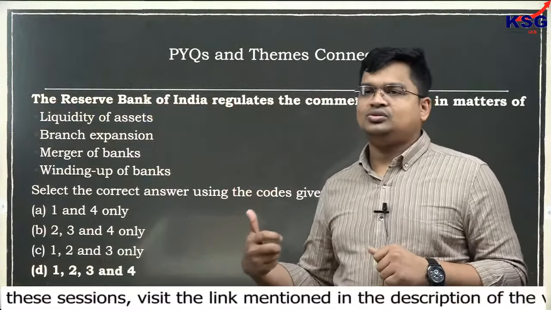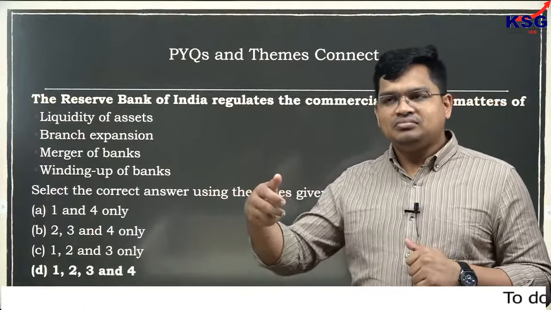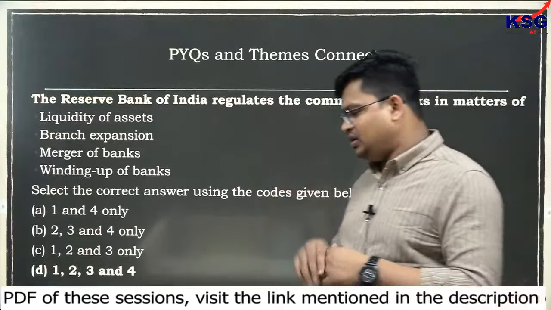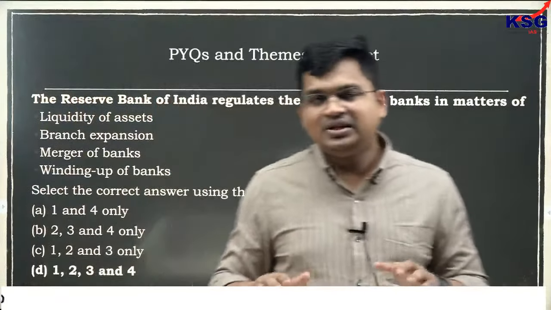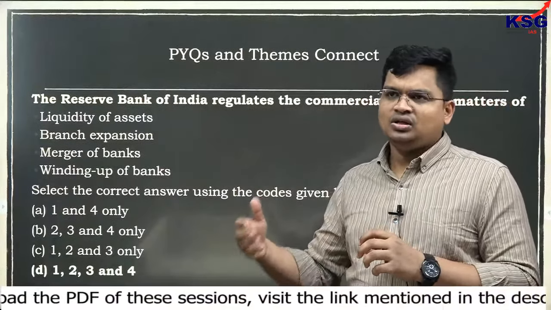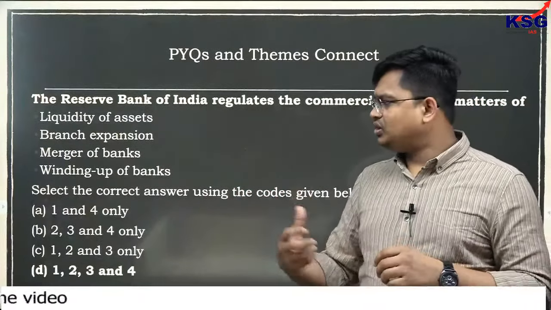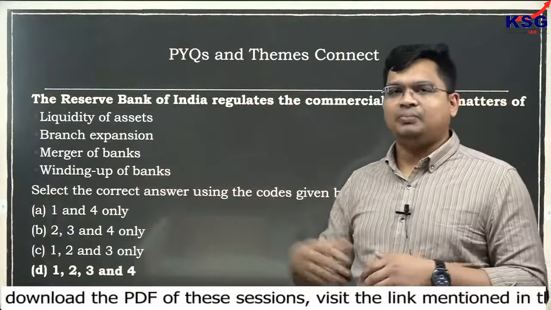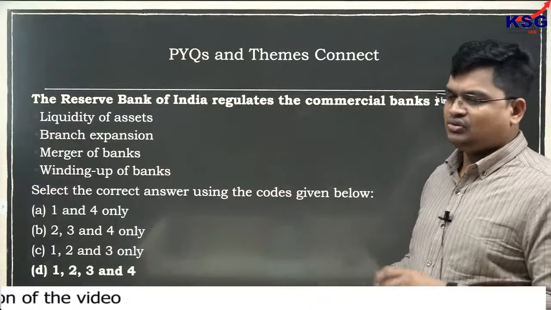One example is the associate banks of SBI, such as State Bank of Maharashtra and State Bank of Baroda. These associate banks were merged with the SBI, so there is no such entity operating now under the name of State Bank of Maharashtra or State Bank of Baroda. This is what we call winding of banks, completely submerged into another bank. If you see the four options, the answer is obviously D: 1, 2, 3, 4 are correct.